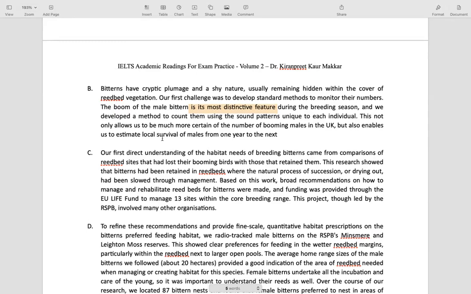And we developed a method to count them using the sound pattern unique to each individual. They developed what method to do what? Counting the bittern population using sound. So now do you understand boom is actually like sound? How do I know boom is the sound? Can someone tell me?